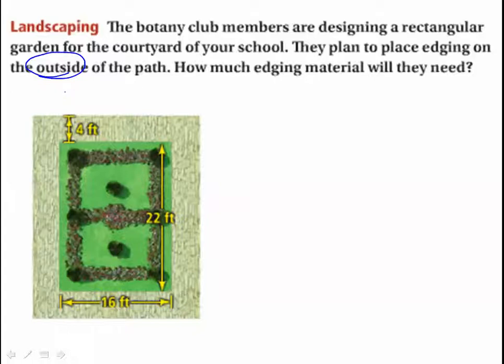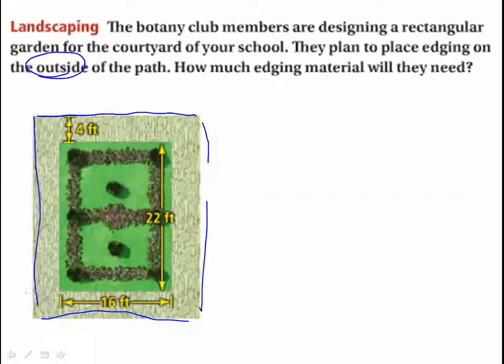We're given some numbers here, but we're actually asked to find the outside, which is along the entire shape out here. So we need to find the lengths of each of these sides. Notice we're told that this is 22, but that's not the length of the entire side. However, we do know this.